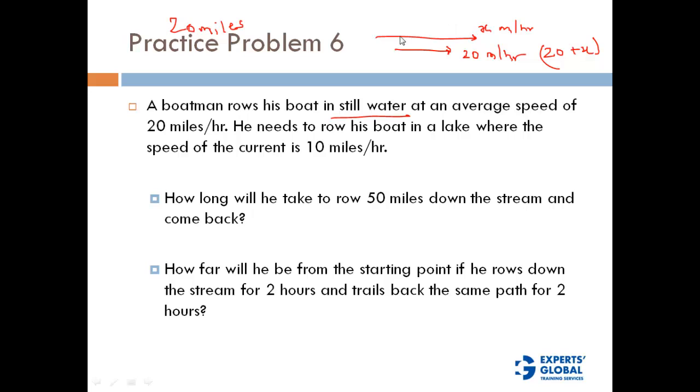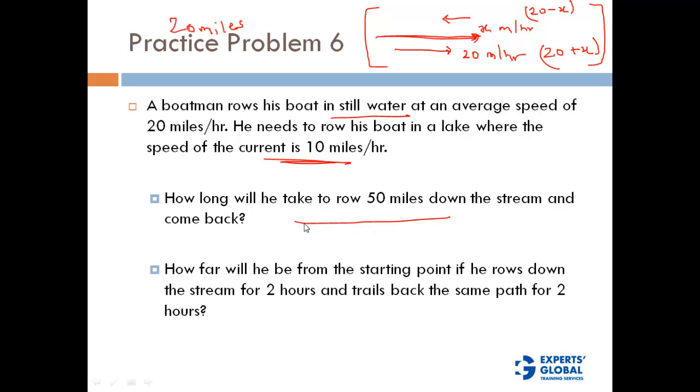On the other side, if the current is flowing like this, X miles per hour, and he has to row in the opposite direction with 20 miles per hour, his speed is going to get reduced. His speed is now going to be 20 minus X miles per hour. So this is the basic concept involved. We have to see in what direction he is traveling, right? And the speed of the current is given as 10 miles per hour. So the first question is, how long will he take to row 50 miles down the stream and come back?